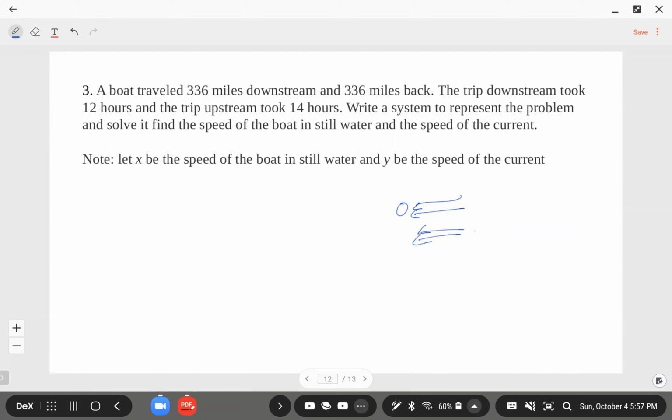But if you're going upstream, then in this diagram, you're going this way, and you're trying to go up, go this way. Then you're into the current, right? So you go a bit slower. So 12 hours and 14 hours, very reasonable.